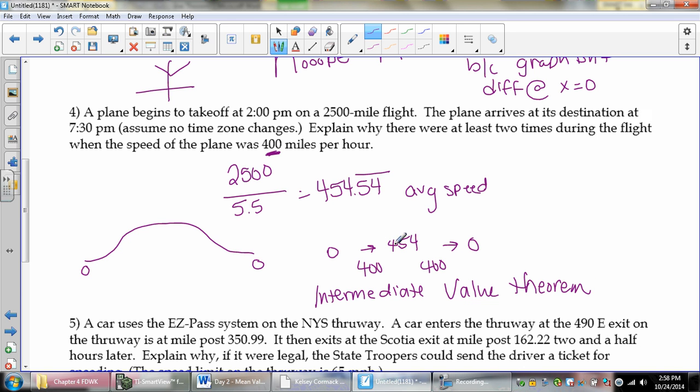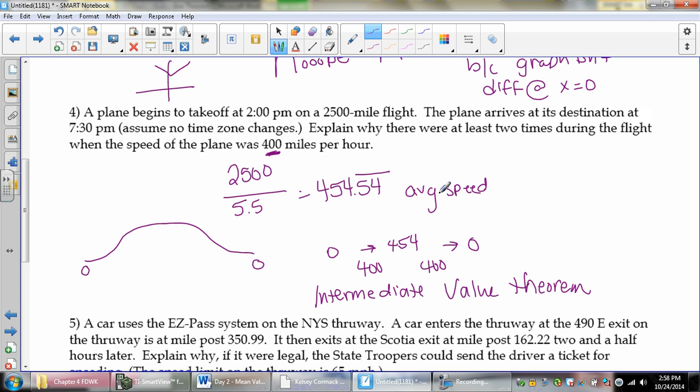So if you were to answer this question, you'd say, well, the average speed of the plane is 454 miles per hour. And since it starts and lands at 0 miles per hour and gets up to a speed of 454, a speed of 400 is guaranteed by the intermediate value theorem at least once before and once after it reached that average speed of 454.